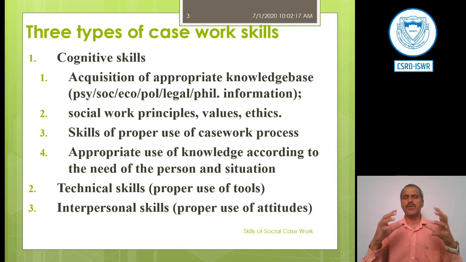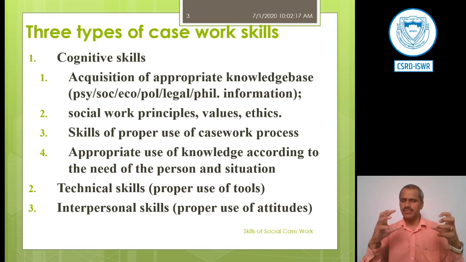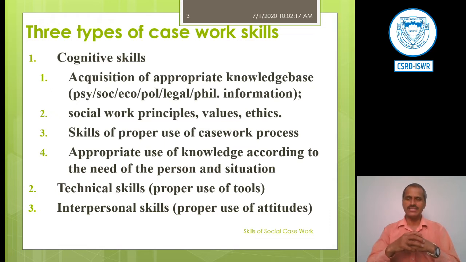Finally, an appropriate use of the knowledge according to the need of the person and situation. This is prudence, wisdom. हमारे पास जानकारी है, knowledge है, ये कब इस्तेमाल करना है, कैसे इस्तेमाल करना है, उसका भी स्किल चाहिए. So that is the skill of appropriate use of the knowledge as per the need of the person, as per the need of the situation.